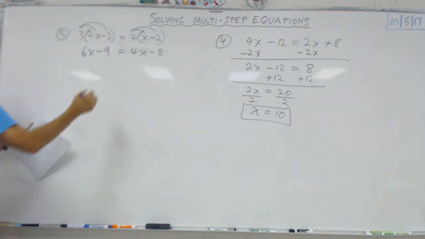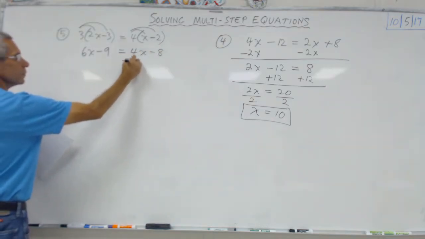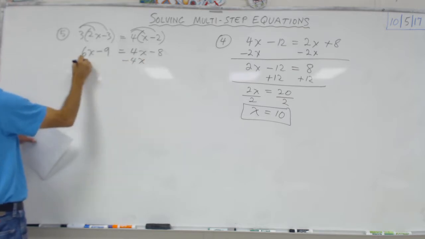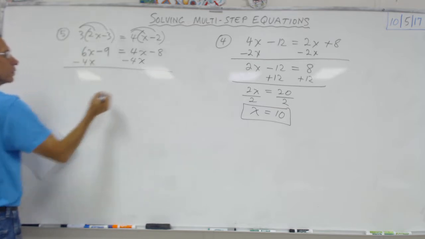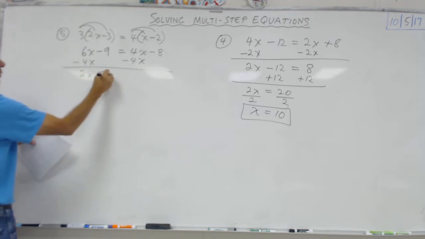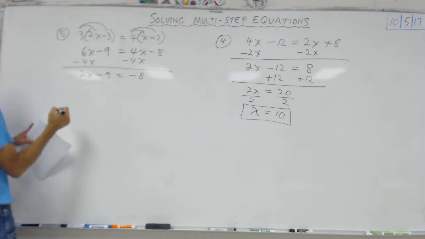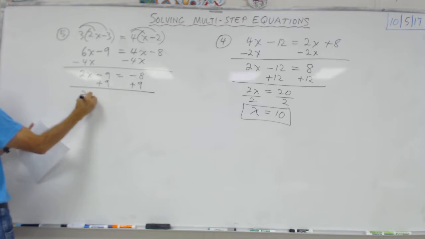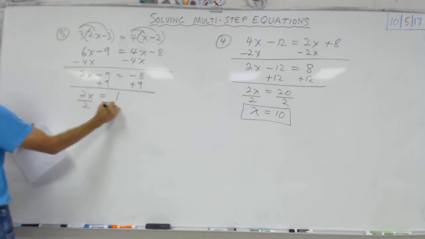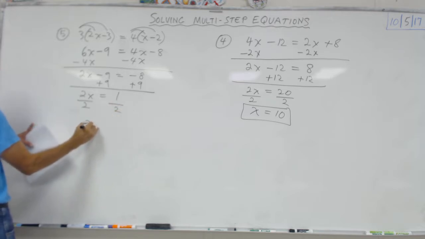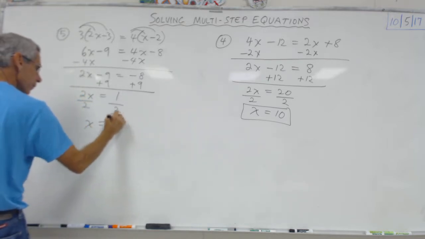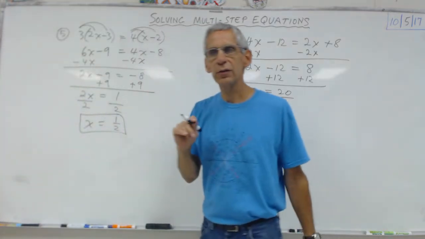Then I would subtract 4x from that side, and 4x from the other side, and rewrite to 2x minus 9 equals negative 8. Then you add 9 to both sides and get 2x equals 1. Then you divide 2x by 2 and 1 by 2, and you get x equals a half. That's your answer. X equals 1/2.